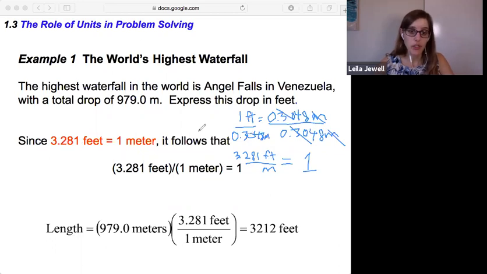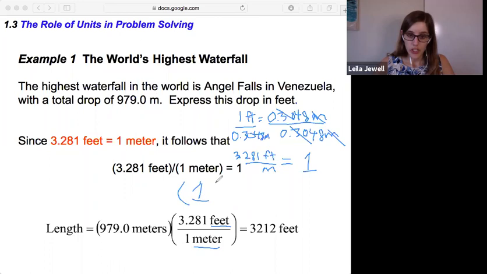So if we want to go from meters to feet, that means we want to be able to cancel the meters out. That's why I wrote this with feet divided by meters. So I start with my length, 979 meters, and then multiply by meters in the denominator with feet in the top. That's my conversion factor. I'm just multiplying it by 1.